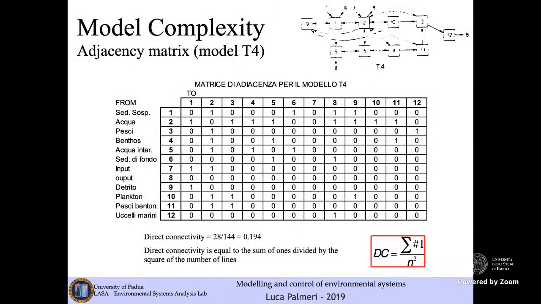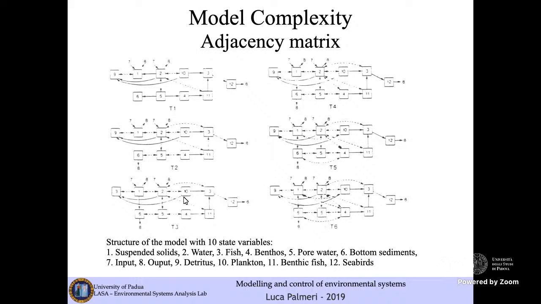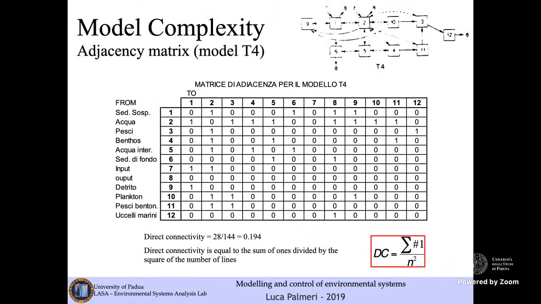By looking at this configuration, we build what we may call an adjacency matrix. For example, for model T4, the adjacency matrix is the matrix here. In this matrix we have the state variables plus input plus output.